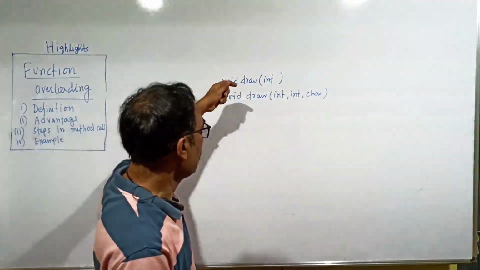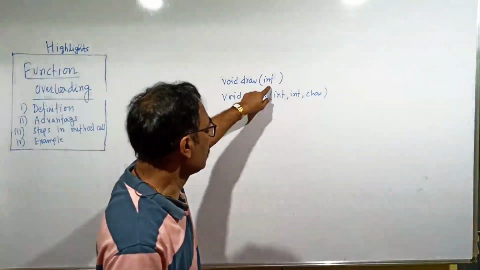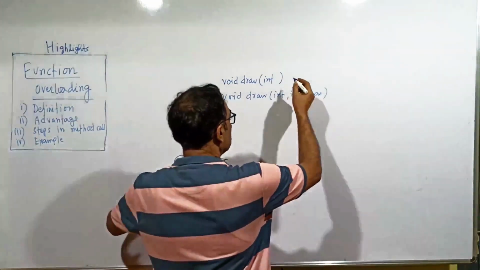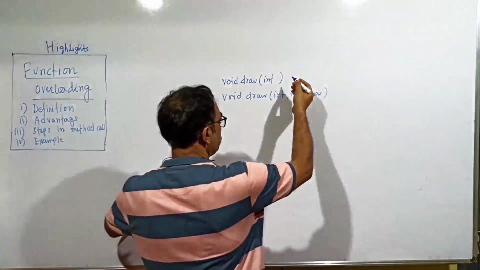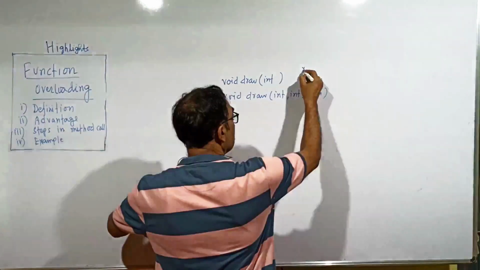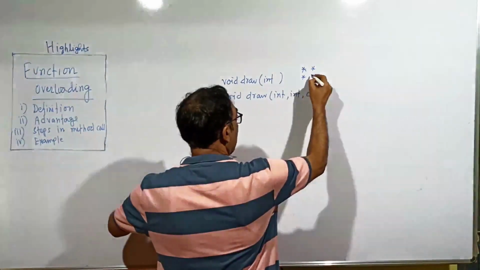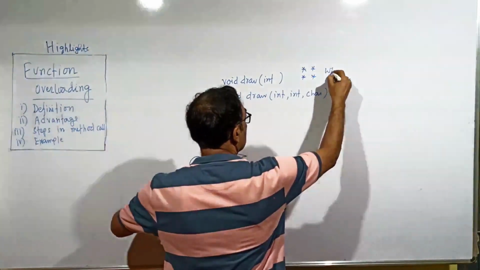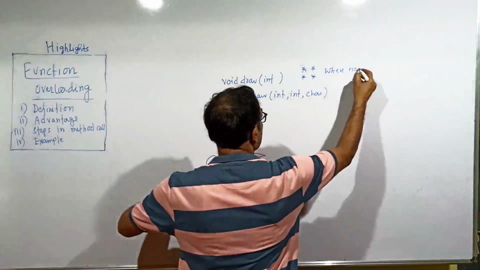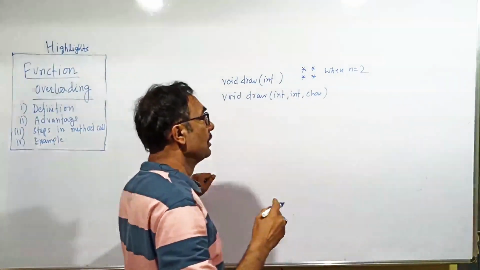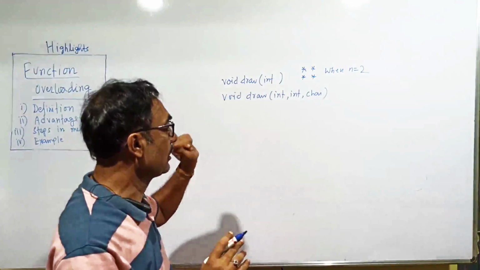So in the question it is specified that you have two methods, both are void draw. In one case there is one parameter, and through the parameter you will just display this pattern when n equals 2. N is the size of this pattern.